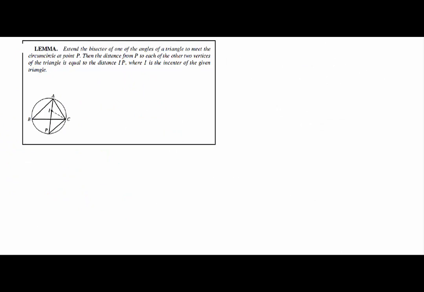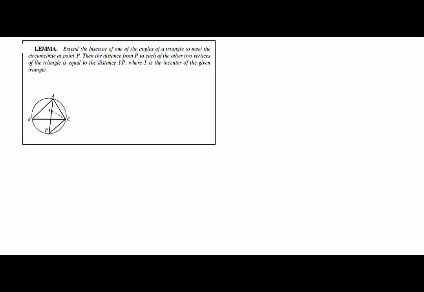In order to look at our next results, we will first study this lemma, this intermediate result, which is stated as follows. If you extend the bisector of one of the angles of a triangle to meet the circumcircle at some point P, remember the circumcircle is the circle on which the triangle is inscribed.